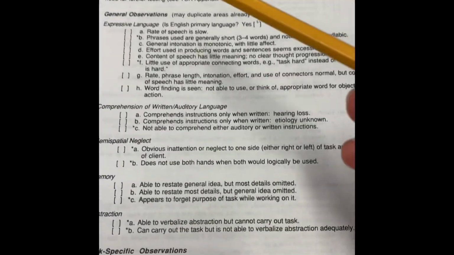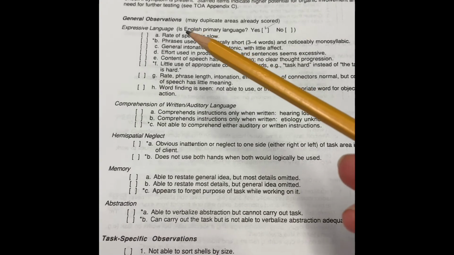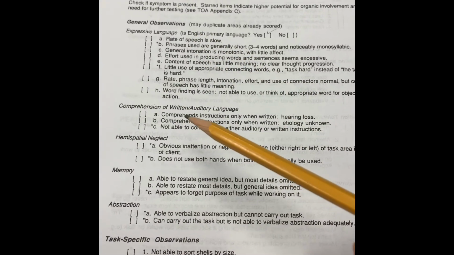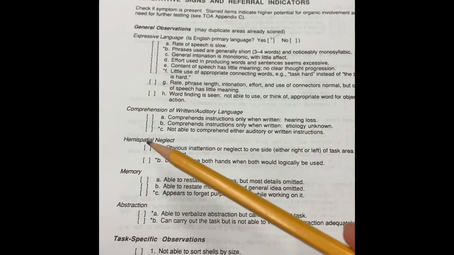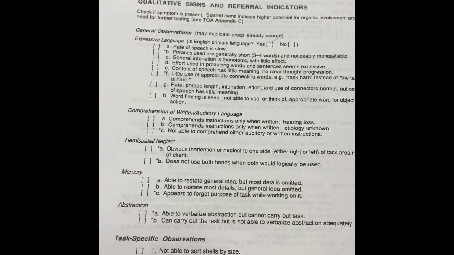And then you have qualitative signs and referral indications. So we have general observations of language, comprehension of written auditory language, hemispatial neglect, memory abstraction, and task-specific observations.